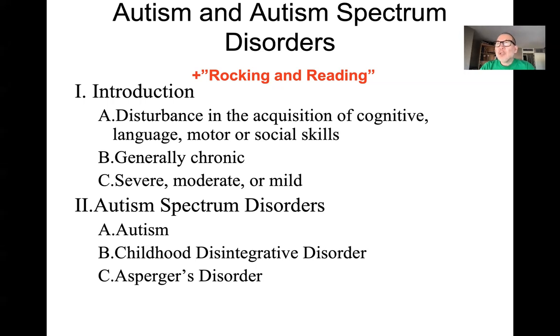Okay. Generally, autism, as captured in the case here, as you may be familiar with from cases you've encountered, includes significant disturbances in the acquisition of cognitive, language, motor, or social skills. It's generally a chronic condition.